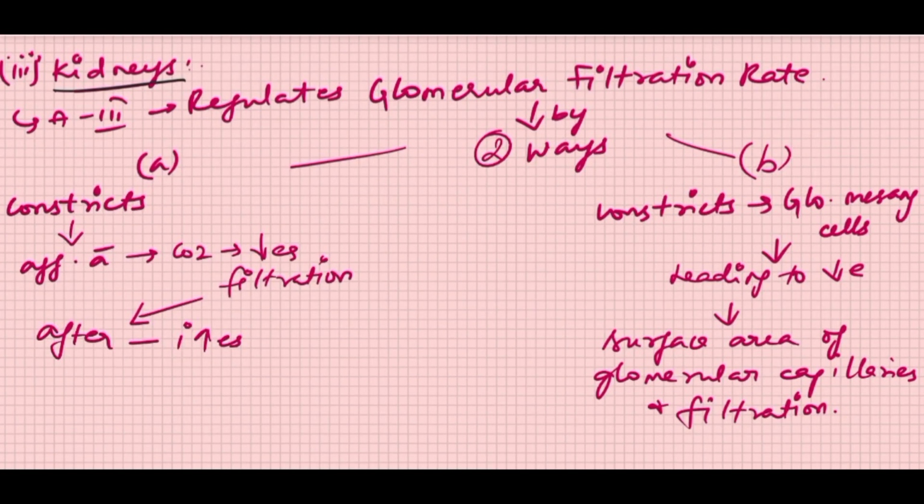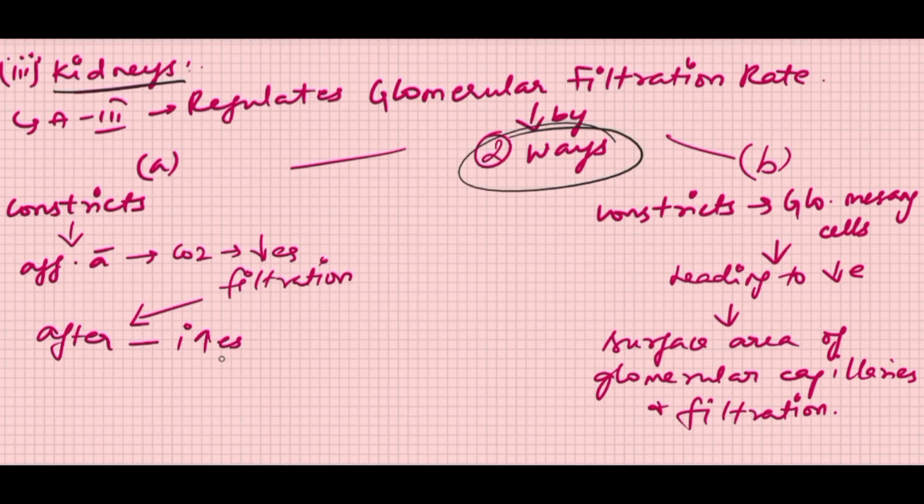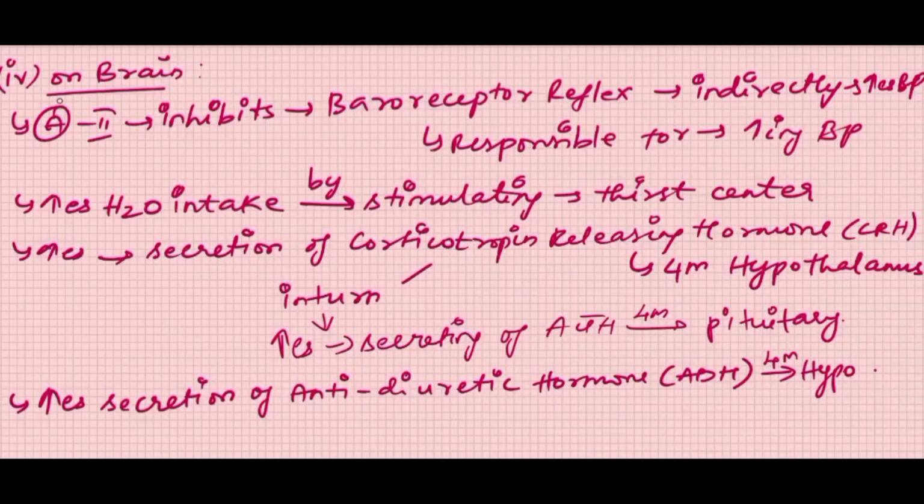Angiotensin 2 regulates the glomerular filtration rate in two ways. The first one is the constriction of the afferent arteriole, which causes decreased filtration after an initial increase. The second one is that it constricts the glomerular mesangial cells, leading to the decrease of surface area of glomerular capillaries and filtration.